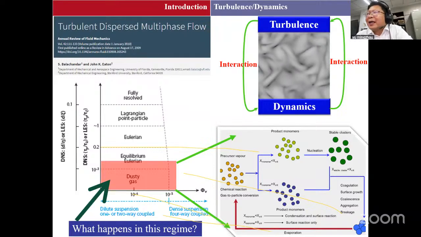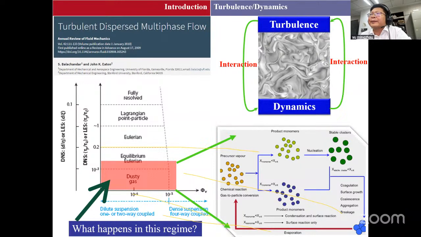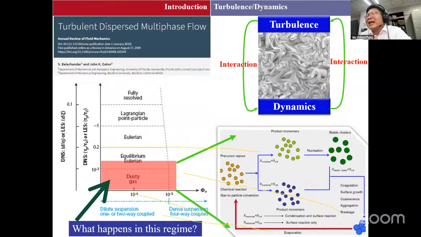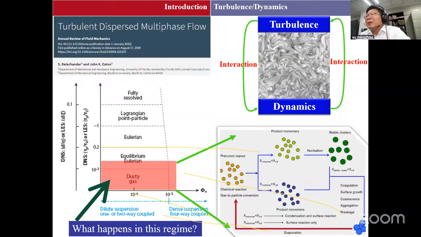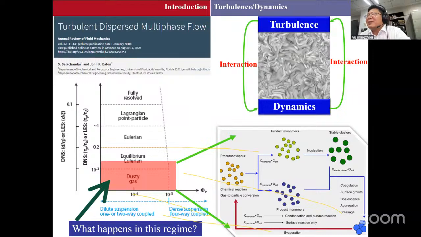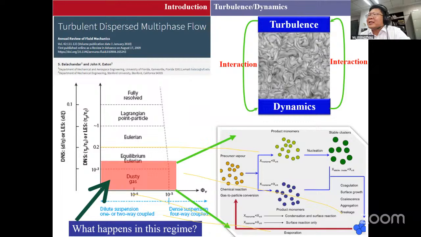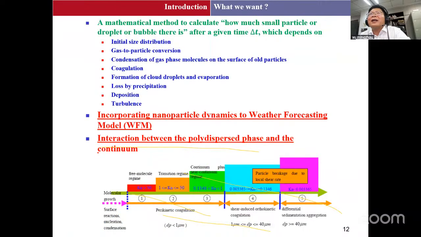Next, I will introduce the solution of the Brownian coagulation equation. I have just introduced the Brownian coagulation equation and discussed its mathematical structure. Due to the presence of the coagulation kernel, this beta, the equation is a highly nonlinear integro-differential equation.